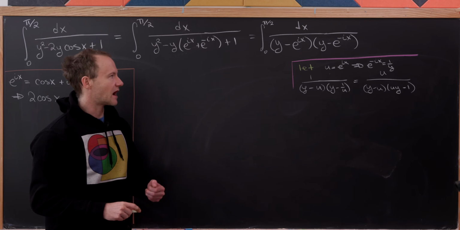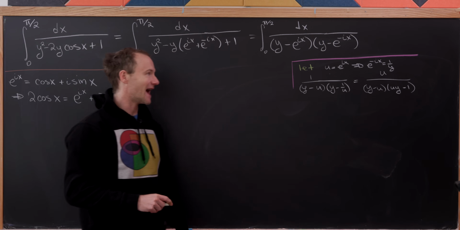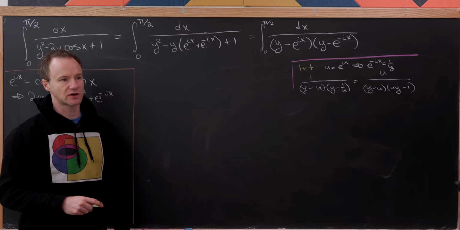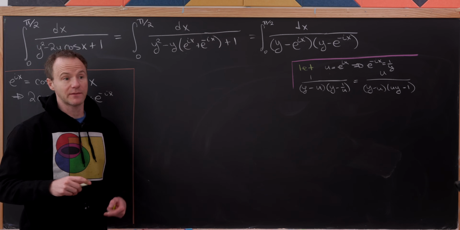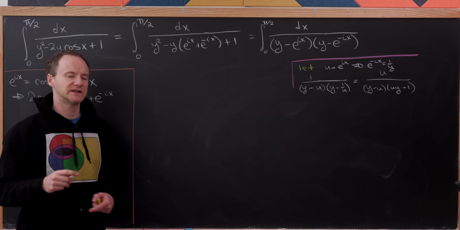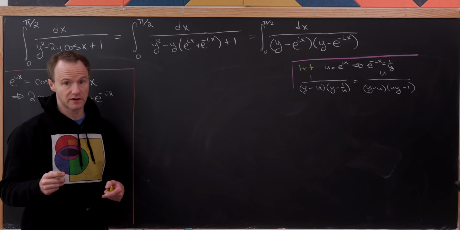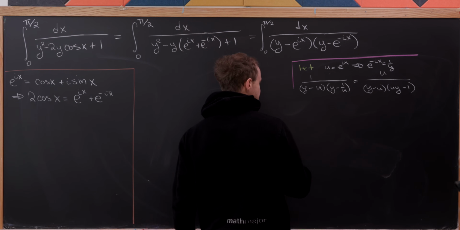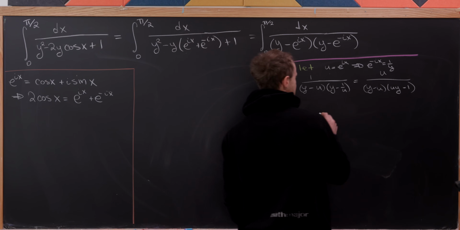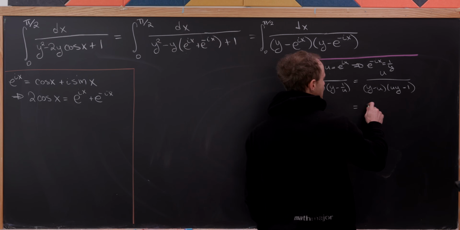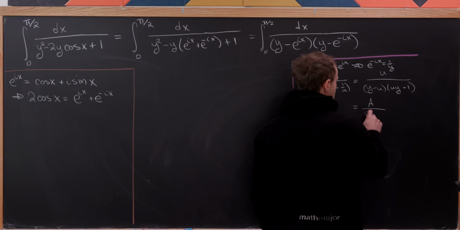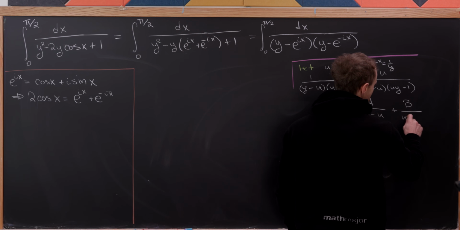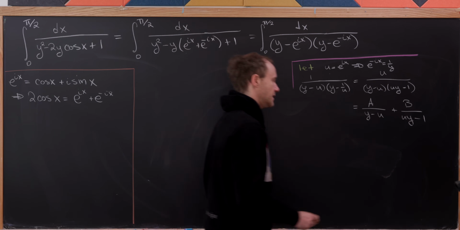Keep in mind our variable of integration is x, so we really want to think about x as the underlying variable, but since we did a change of variables, our u is our underlying variable. So we're going to take this object and set it equal to a over (u minus y) plus b over (uy minus 1).